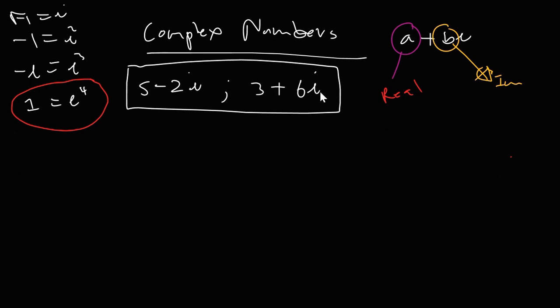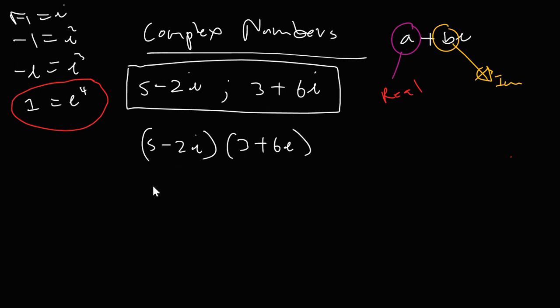If I say find the product of these two complex numbers, it's the same as what we just did before. Now we're finding the product. So it's just going to be (5 minus 2i) times (3 plus 6i). Then we do the full thing.